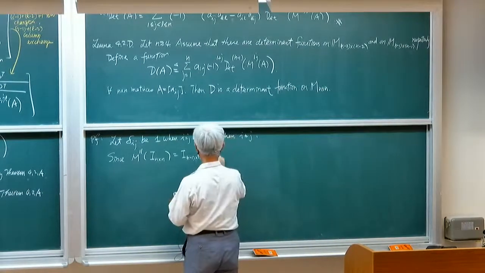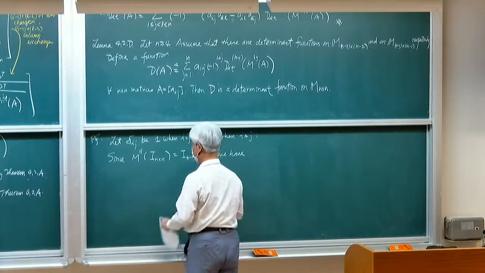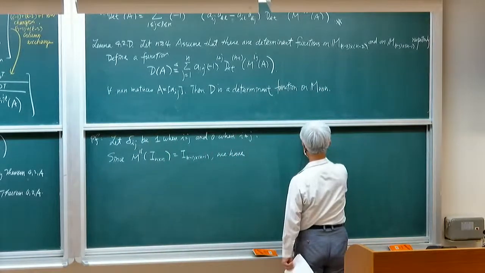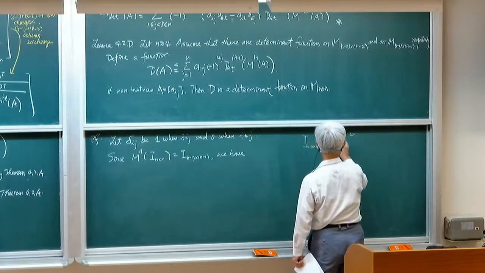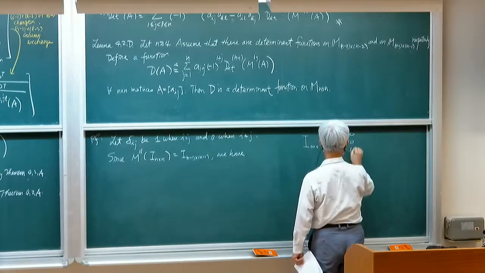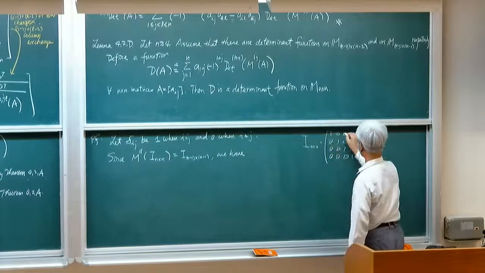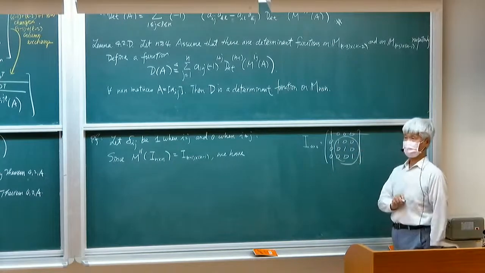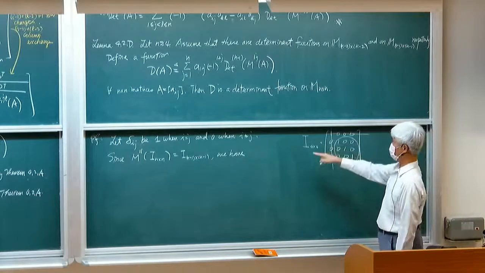For example, for 4 times 4, if you delete, you see that this is the 3 by 3 identity matrix. So you can see that is true.